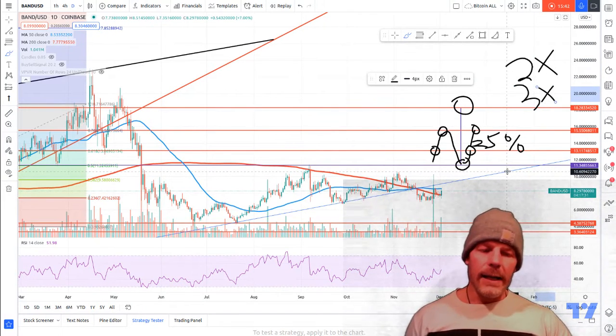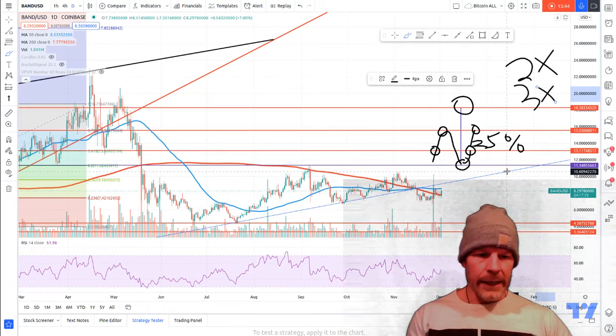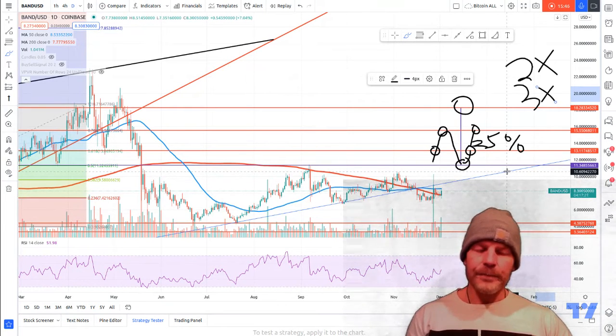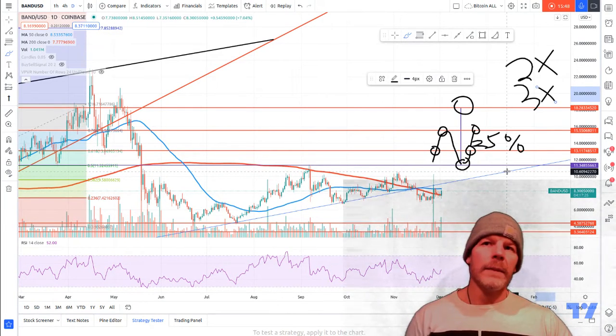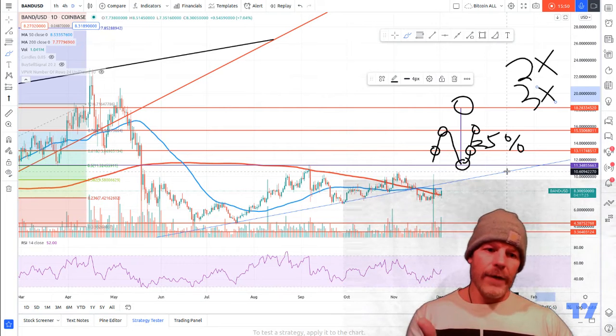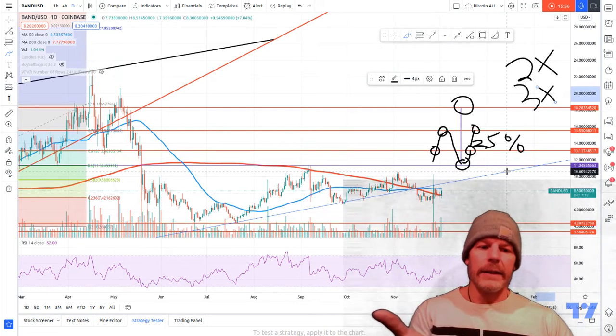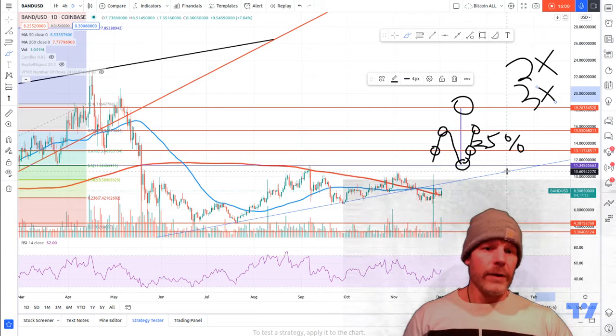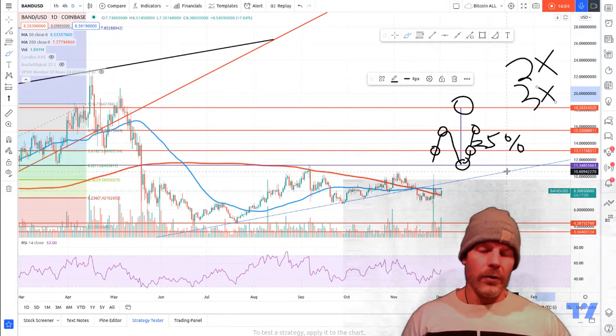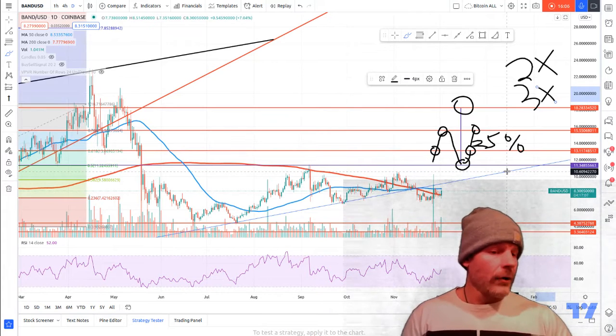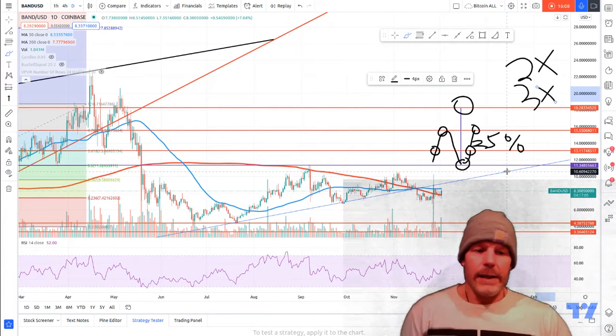That's why, instead of buying and holding, for instance, Bitcoin from where I called the bottom at 4,000 in March, and I did call the bottom. And you can go, TradingView doesn't delete anything here. You can view all of my history. They do that because they don't want people taking out all the bad mistakes that they've made. And I've made mistakes.